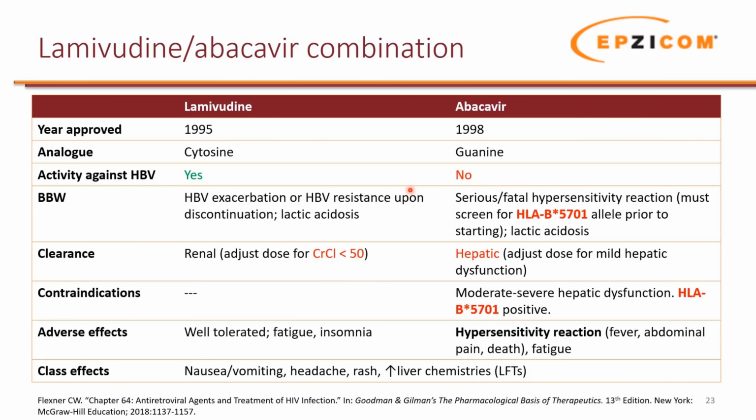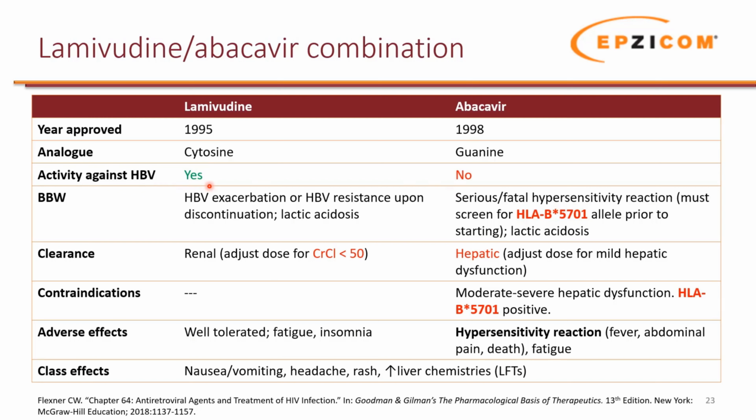Now, lamivudine and abacavir are 2 nukes that are commonly used in combination in Epzicom. So this will be 1 pill that would be used as a backbone. So if you are to use Epzicom as the backbone, you still need a third agent to go with it. Between lamivudine and abacavir, lamivudine also has activity against hepatitis B. Abacavir does not.